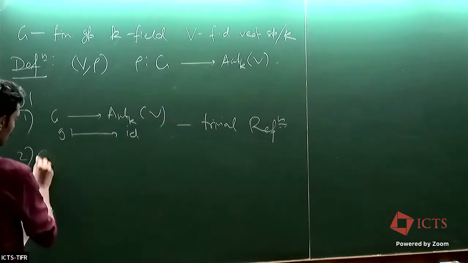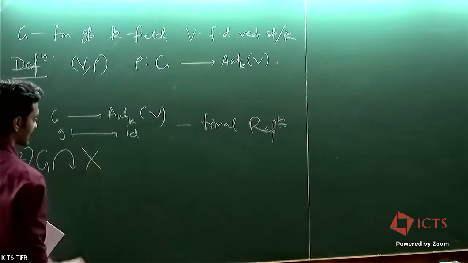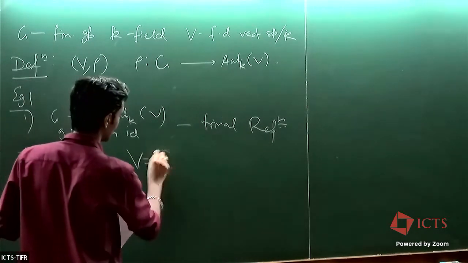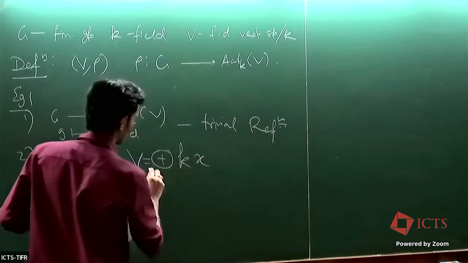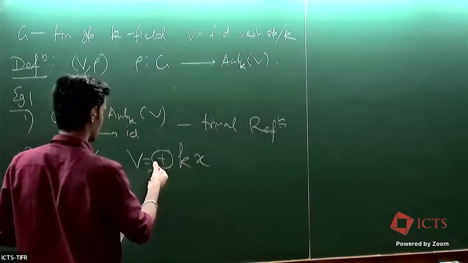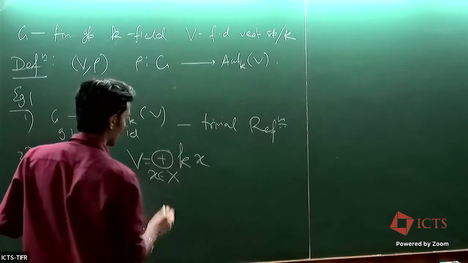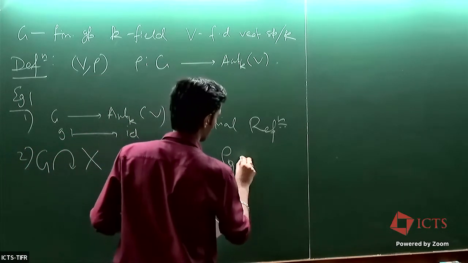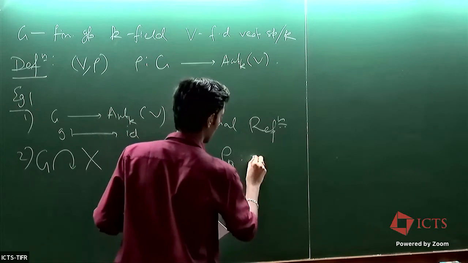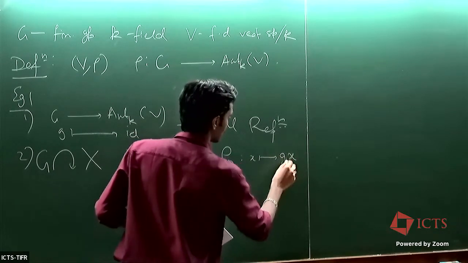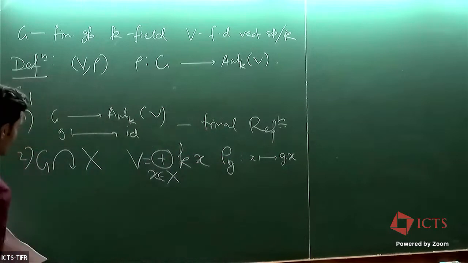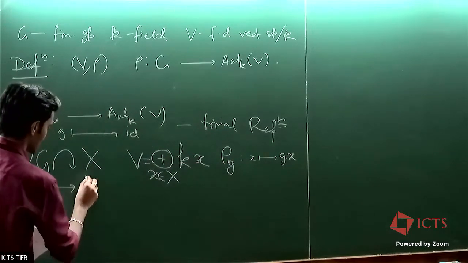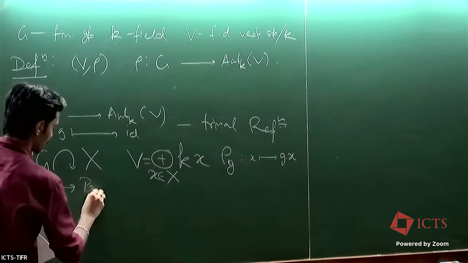Number 2, suppose G is acting on a set X and take V to be a vector space which has the elements of X as a basis, and then set rho(g) to be multiplication by g, that is rho(g) takes x to g·x, where this dot denotes the action. Then the corresponding representation is called the permutation representation.